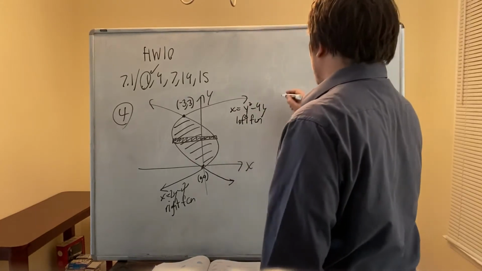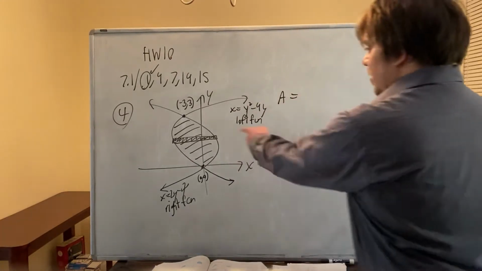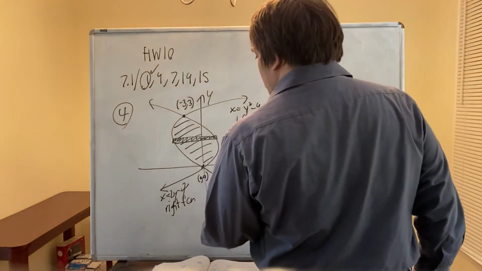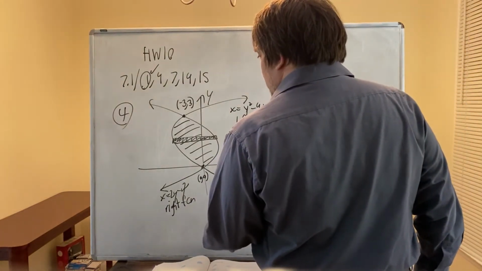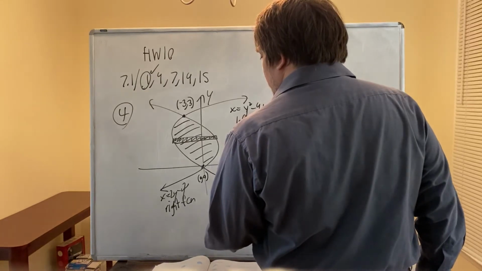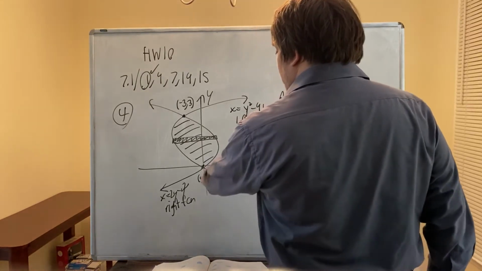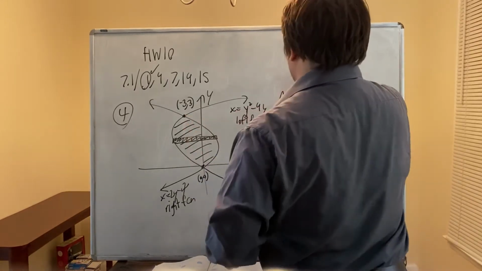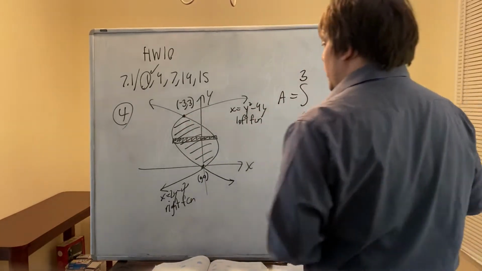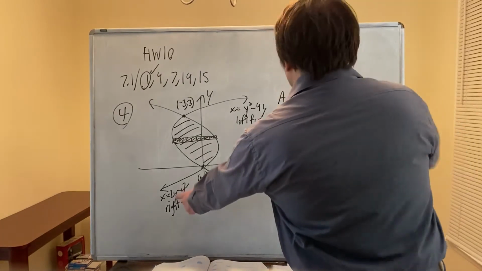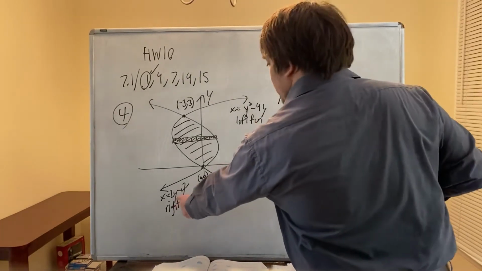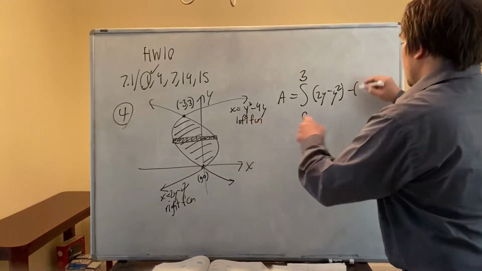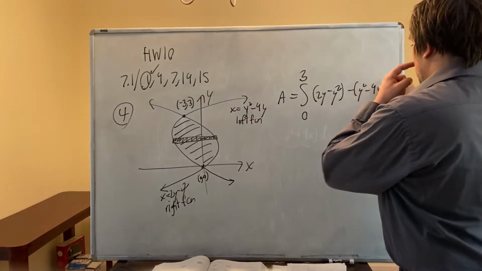So the area, which I denote by capital A of the shaded region, is a definite integral from the smallest y value, which is 0, to the largest y value, which is 3. And then we integrate the right function, 2y minus y squared, minus the left function, y squared minus 4y.